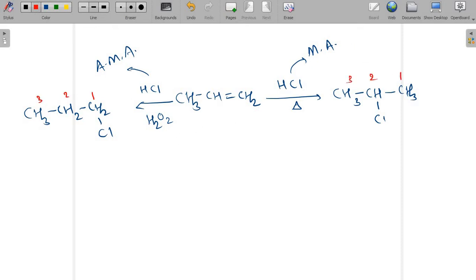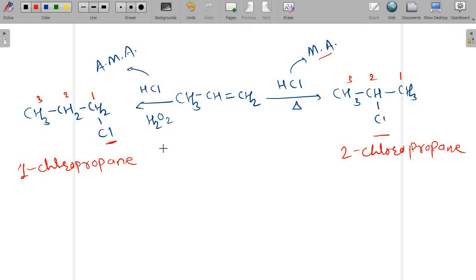In anti-Markovnikov's addition, the negative part of the reagent is attached to the carbon which is less substituted, but in Markovnikov's addition, the negative part of the reagent attaches to the carbon which is more substituted. So accordingly different products are formed. This is 2-chloropropane and the other product is 1-chloropropane.